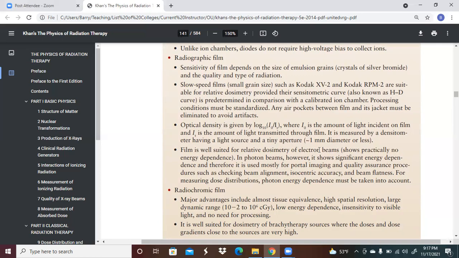Film is well suited for relative dosimetry of electron beams, where it shows practically no energy dependence. In photon beams, it shows significant energy dependence, and therefore it is used mostly for portal imaging, which I remember back, I suppose it was 2004, 2005, when you didn't have the onboard imaging, you would actually have to take a set of orthogonals.